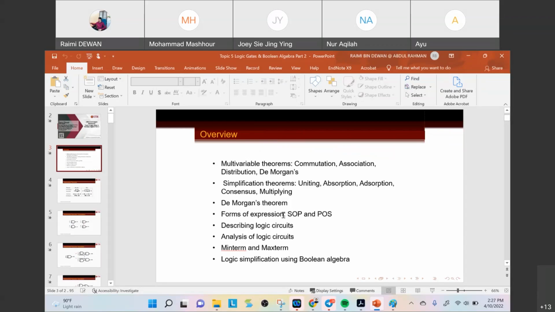De Morgan's theorem, form of expression, we have sum of products.